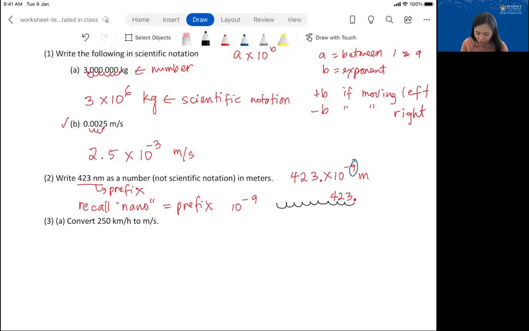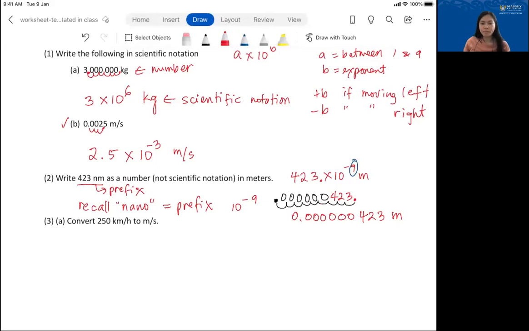You'll find you should have 6 zeros before everything here will be filled out with zeros. So writing it down as a number will be 0.000000423 meters.